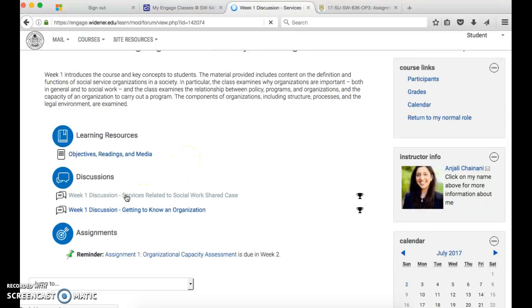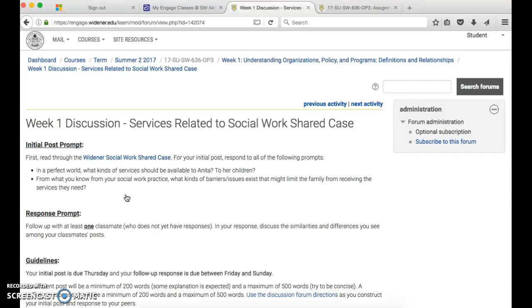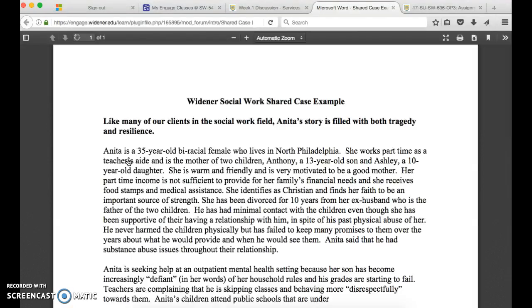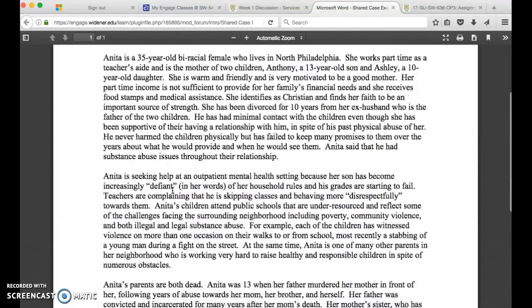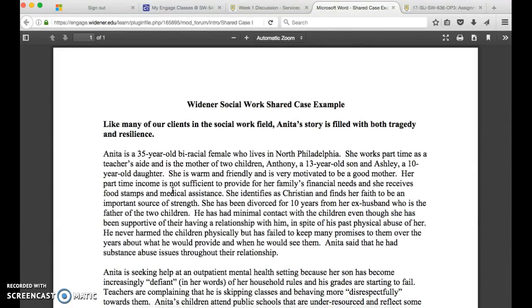For your discussion, you're going to be reading a case study on Anita, which is right here. It's just 1 page and a brief overview of Anita's story, and I'd like you to pay attention to her commitments as an individual, the organizations that she's a part of, whether they be social organizations or service organizations that serve her financial needs and or her health needs.